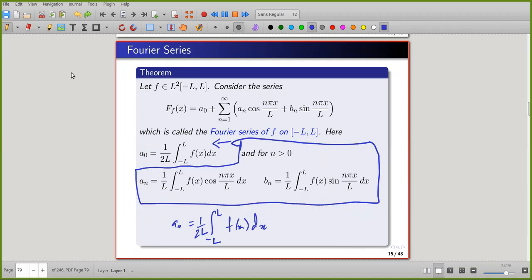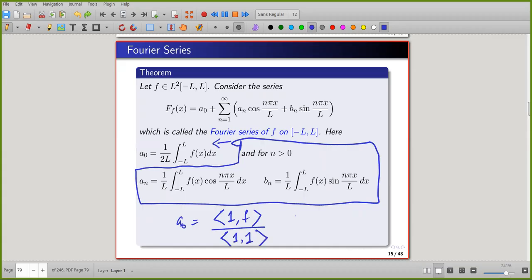Sorry. What I wanted to say was a0. So a0 is, as we had seen earlier, just going to be the inner product of the constant function 1 with f itself, divided by the inner product of 1 comma 1. This is what I wanted to say.